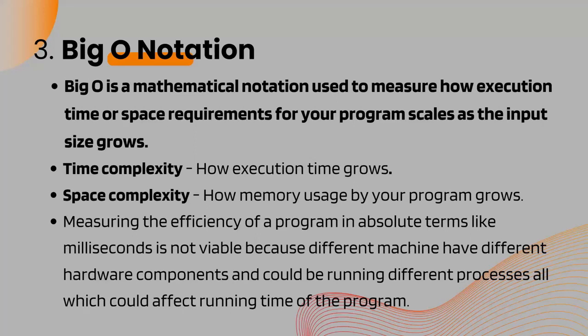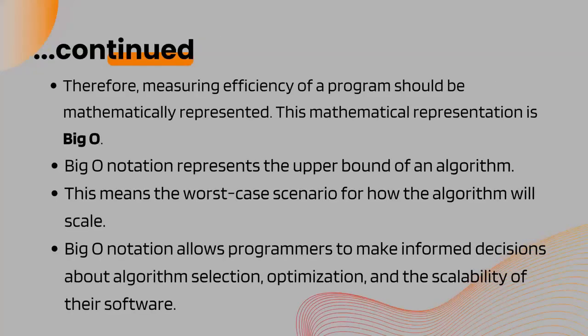So what do we do? We seek to express the time complexity and the space complexity as a mathematical function or notation, which is where the big O comes in. Big O measures the upper bound of an algorithm.